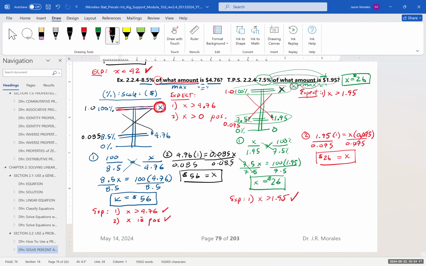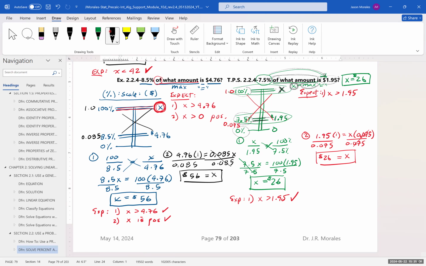That's going to be correlated with 100%. And in this problem, 7.5% is being correlated with $1.95. So if we set up our scale with 100% at the top, 0% at the bottom, then 7.5% will be associated with $1.95.